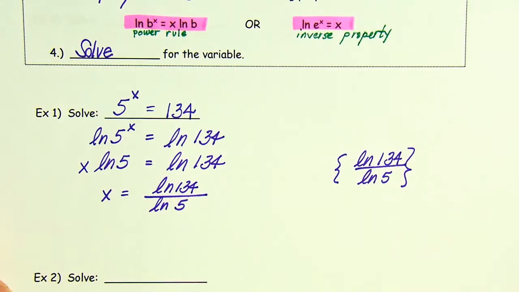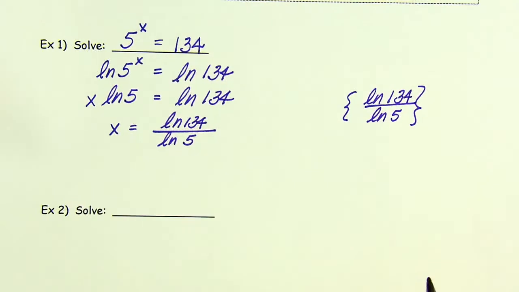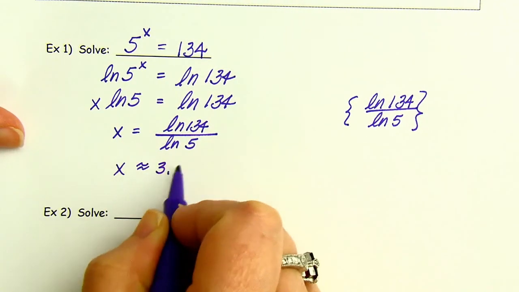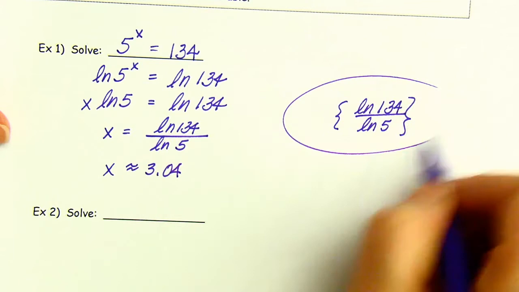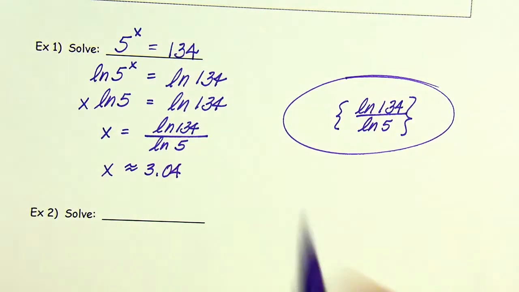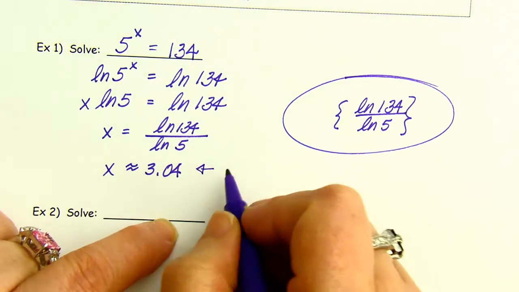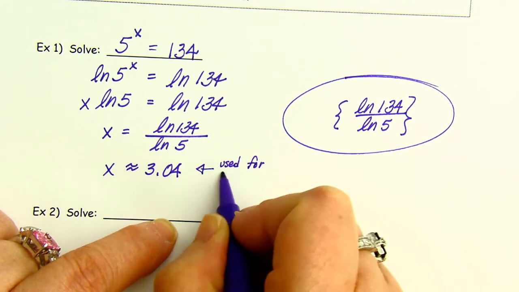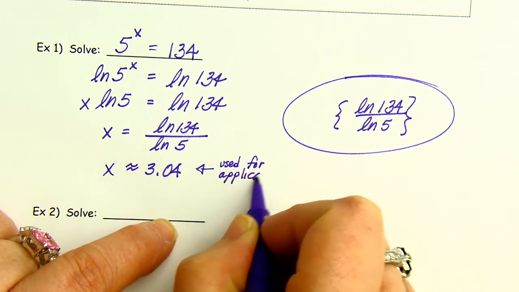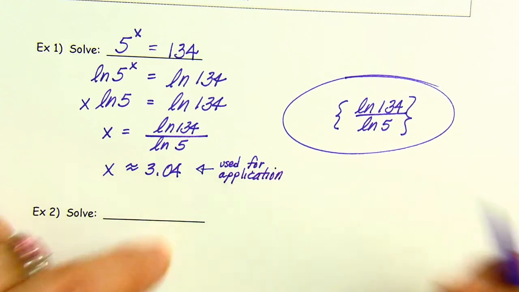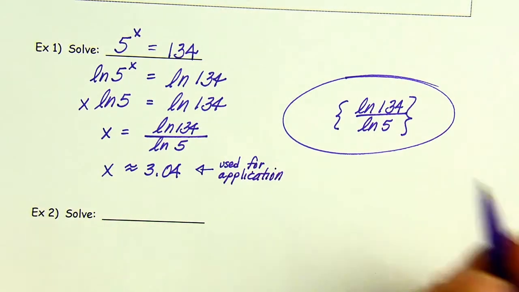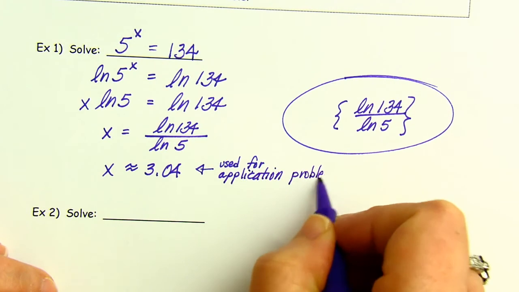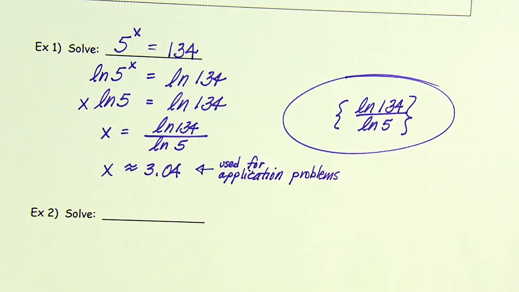Again, you only do this if you need to answer an application problem. This is the solution in set notation. This is the approximation used for application problems, or if the directions tell you to round to the nearest whatever place.